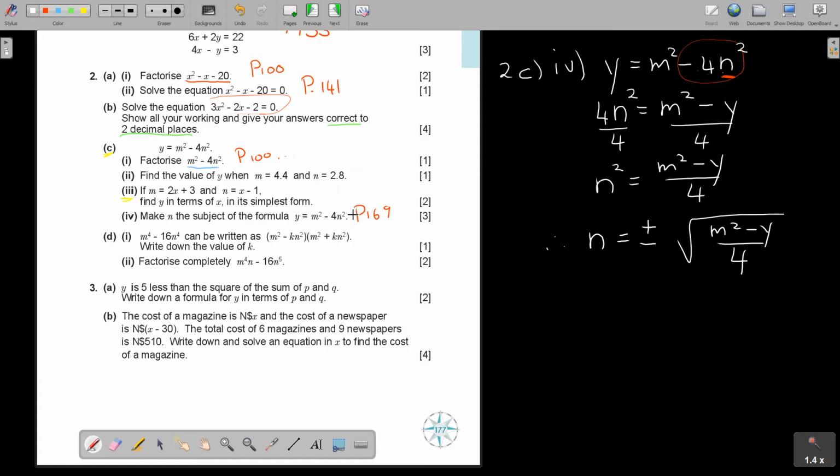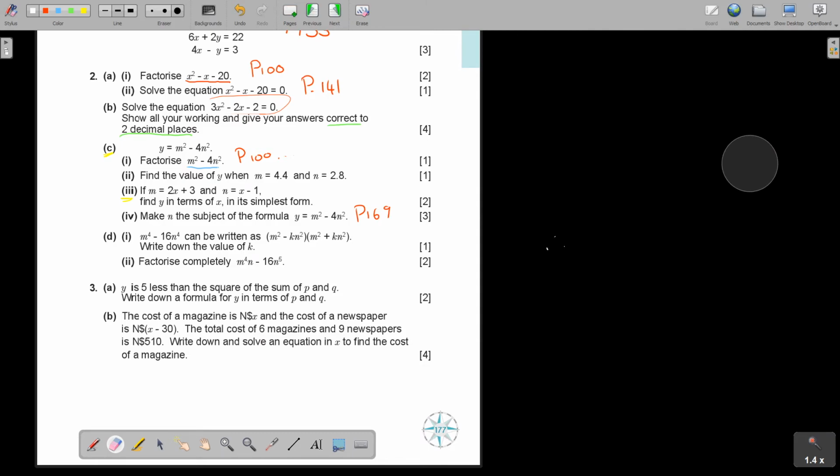Okay, let's go to the next one, number D. Okay, this can be written as this. Now let's just see. This is number 2D, m to the 4 minus 16n to the 4 can be written.